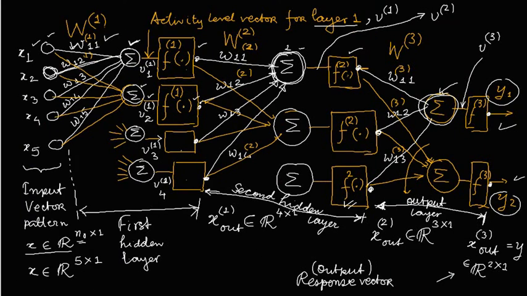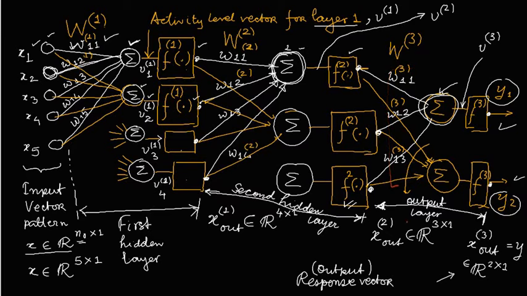Whatever weights are in this figure, and whatever inputs you give and whatever activation function you have taken, for that we can evaluate in steps these v1, then the output of activation functions, which we call x1 out, will be weighted with these weights. We will get a weighted sum here, and then we will evaluate v2, and then v2 will pass through these activation functions.